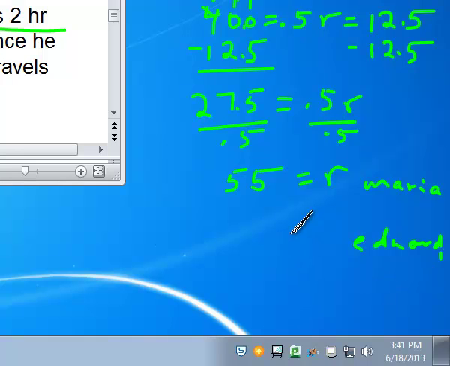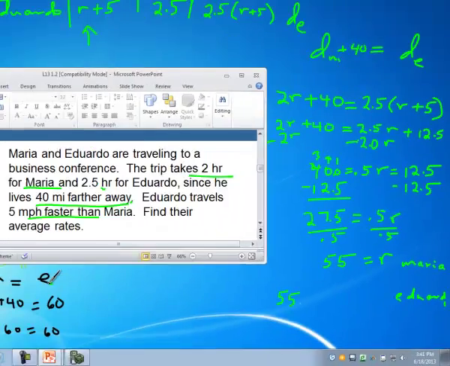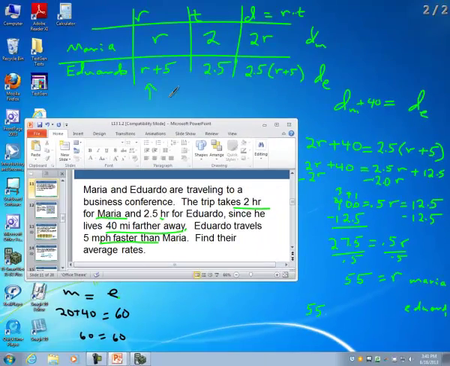Maria's is R and Eduardo's is R plus 5. We found Maria's is 55, so what do we have to do with Eduardo's? Add 5, and so we get Eduardo is 60 miles per hour. Maria's is 55.